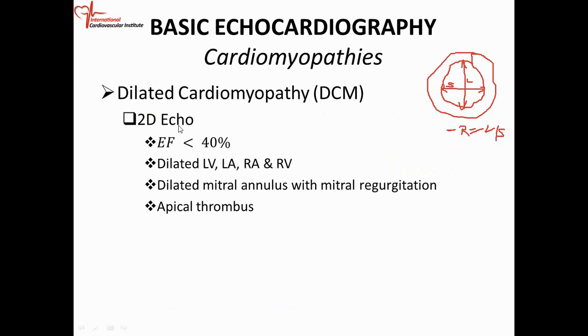So when you do your ejection fraction, usually less than 40%, you get a dilated left ventricle, dilated left atrium, and the right side also will be dilated, right atrium and right ventricle. And the mitral annulus will be dilated, and that's usually the mechanism of mitral regurgitation in these patients, because they commonly have mitral regurgitation because of dilatation of the mitral annulus. And if the ejection fraction is pretty low and the apex is not moving, they can also present with an apical thrombus, blood clots in the apex.